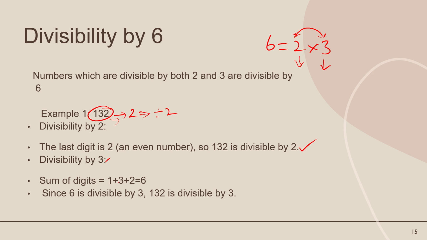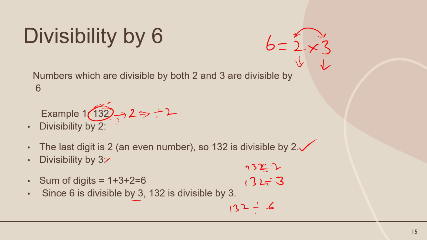For 3, we take the sum of the digits, which is 6. So 6 is divisible by 3. So 132 is divisible by 2 and divisible by 3 also. Is it clear? So 132 is divisible by 6 also.